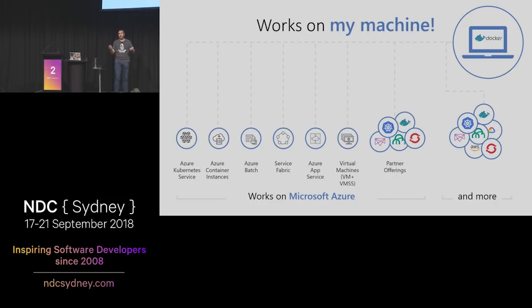And then if you're looking at other clouds, there are also first-party offerings over there. AWS and Google both have Kubernetes services that you can run your containers on as well. And you can get offerings from some of our partners, Red Hat, roll it out, and then host your containers on those offerings as well. So this whole idea of building your application in a container, throwing it out somewhere to run, makes it much easier than having to tweak around, install files, and turn knobs to make sure it runs each time.